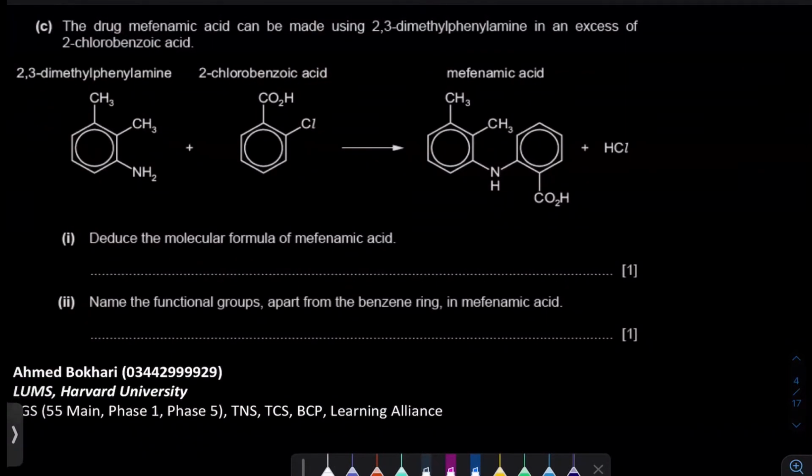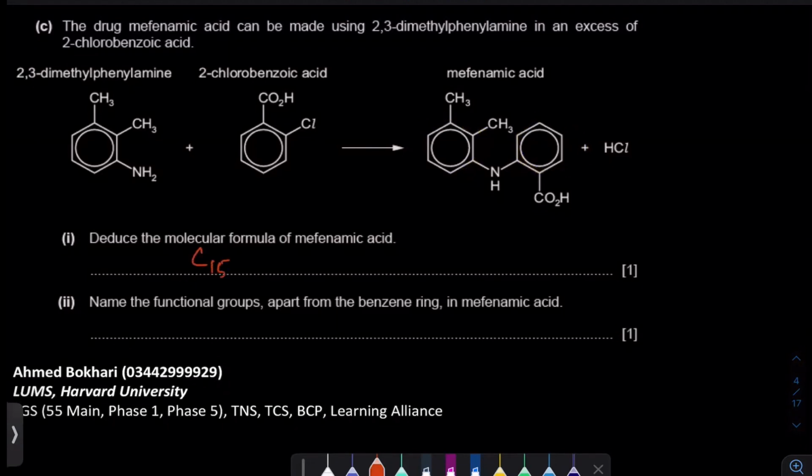The drug, whatever the name is, has an excess of 2-chlorobenzoic acid. ठीक है, बनवा रहा है वो इस reaction में. Okay. Deduce the molecular formula of this acid. So you just have to count all the atoms. ठीक है, और उसके बाद so carbon 6 carbon here, 6 carbon here, 12, 13, 14, 15.